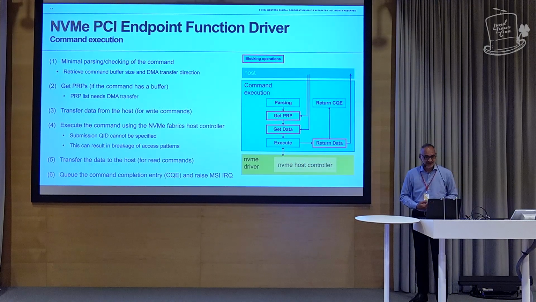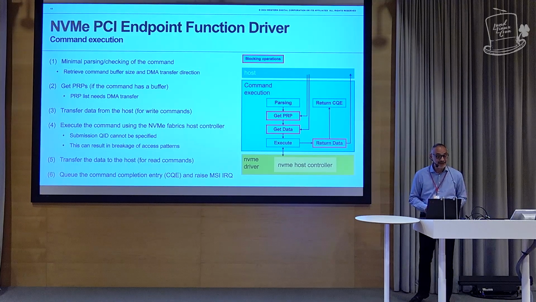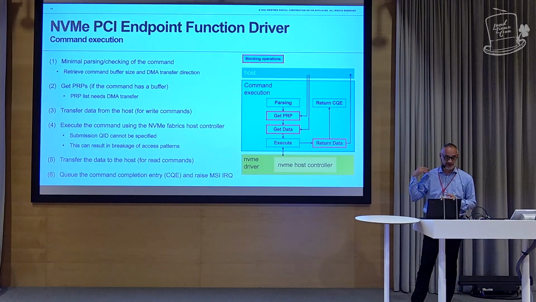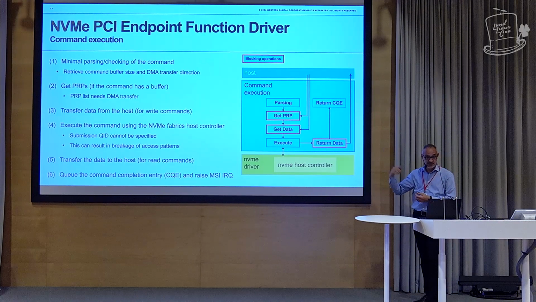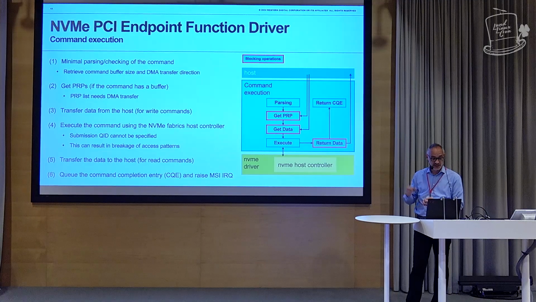So if we look at how commands are executed, again, the driver itself, all it does is get commands through the queues that it created, and manage data transfer. So if we look at the path of a command, we get the NVMe command descriptor, the CDBs, from the submission queues.